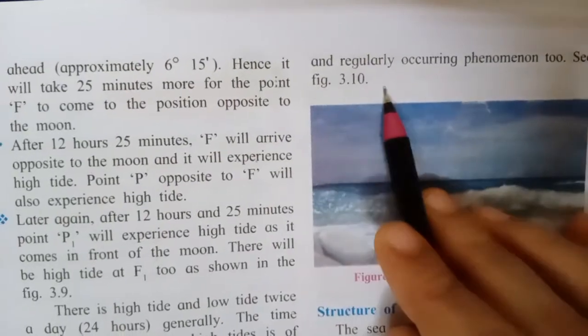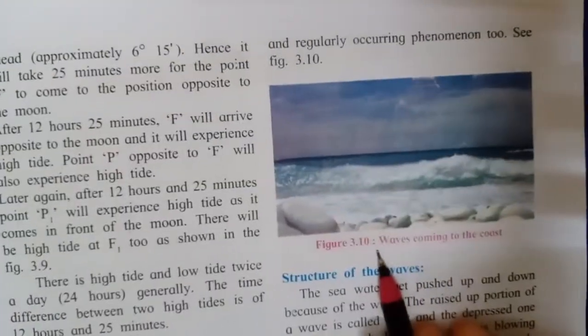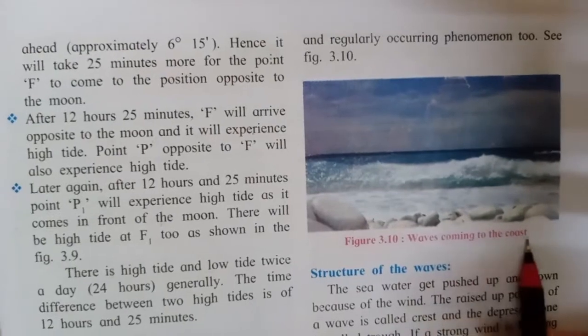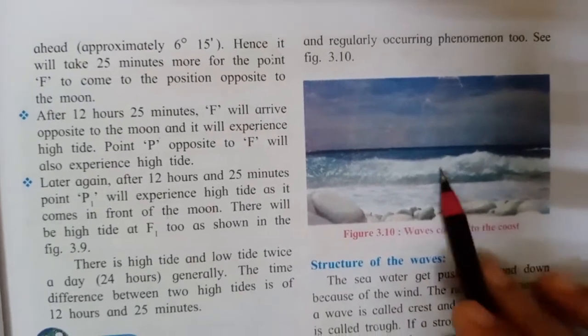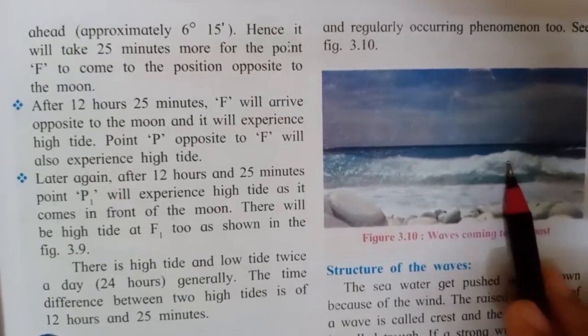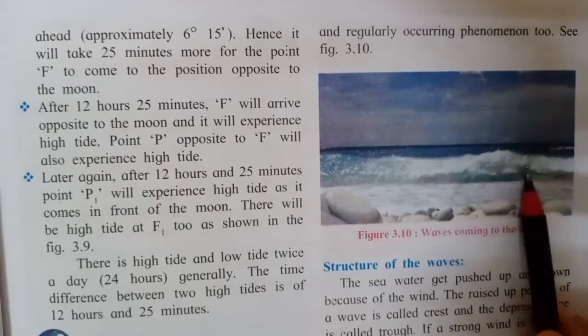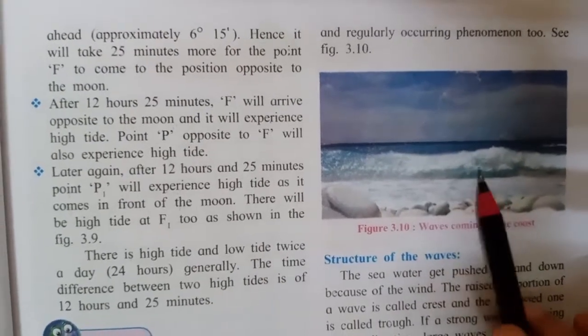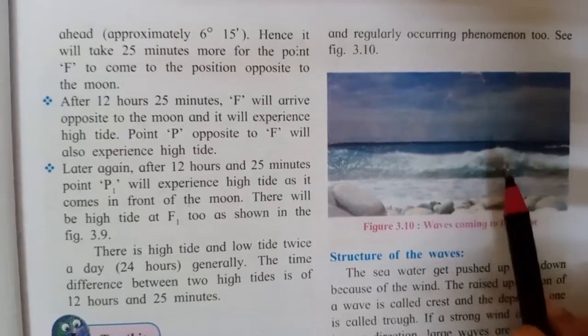See figure 3.10, they have given this figure. You can see waves coming to the coast. If you have ever visited the seashore, you must have experienced this type of waves coming to the seashore.